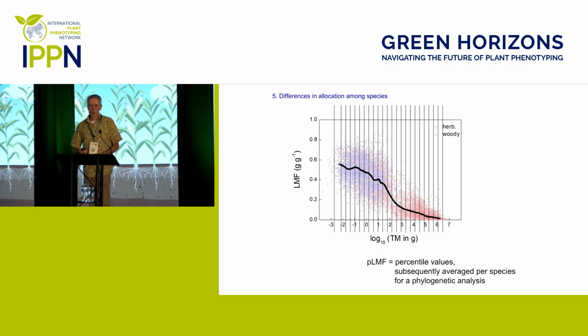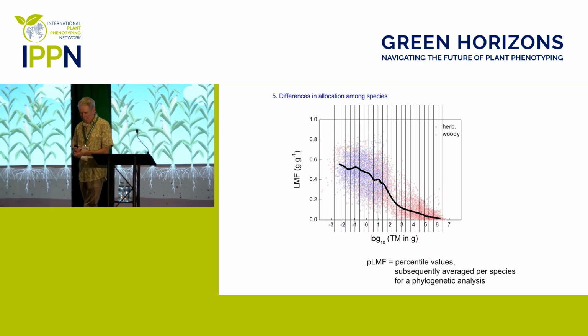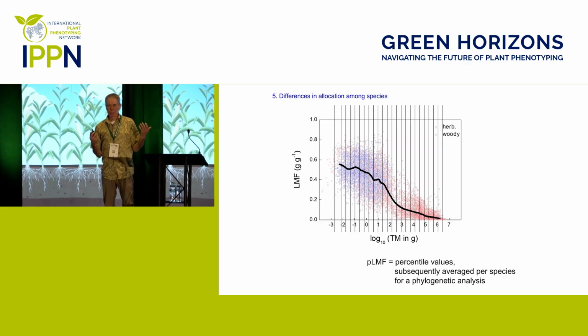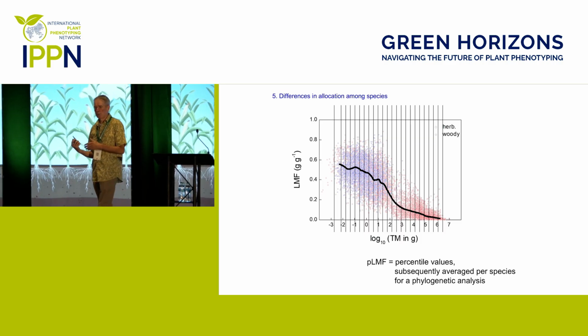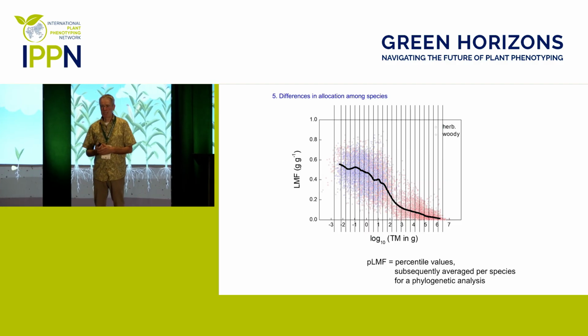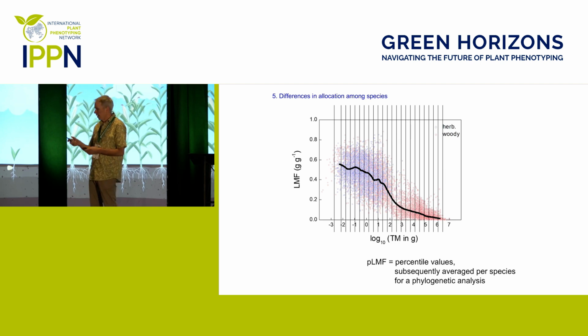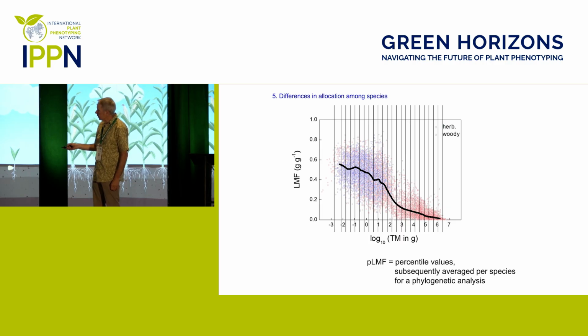Okay, now we could do a bit more fun things with these data, because we could also think, are there really differences among species? So we don't look at the acclimation term as I did before, but we now look at the adaptation. Is there a difference in allocation between different species? For each of these 50 groups which I make, where I order all the observations relative to the total mass of the plants, I look at which species are above the line and which species are below the line.